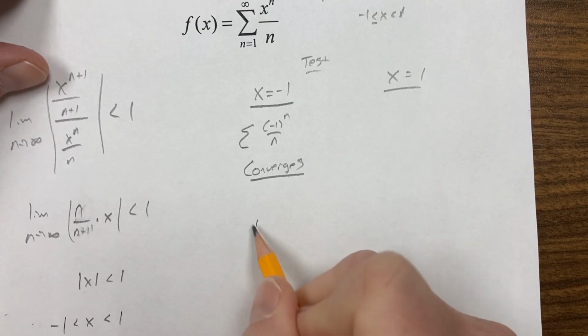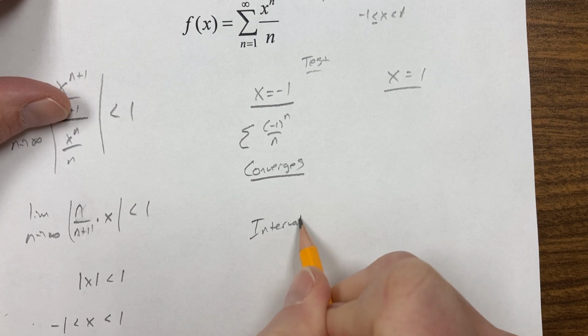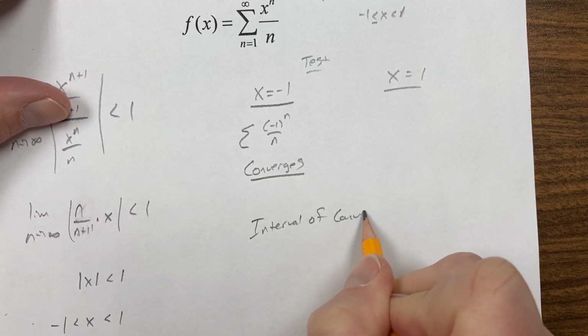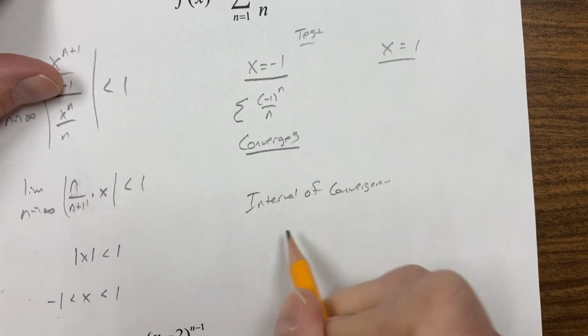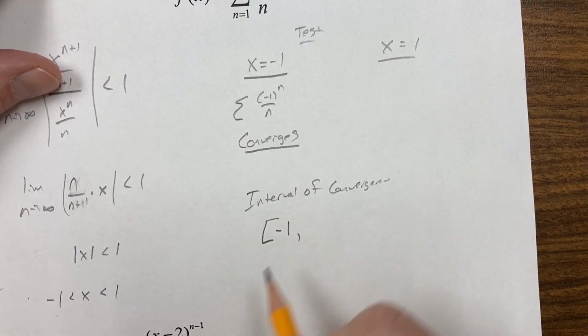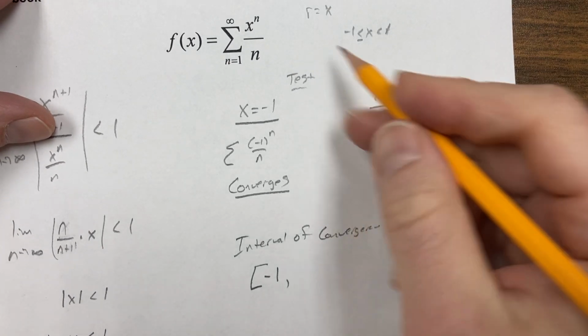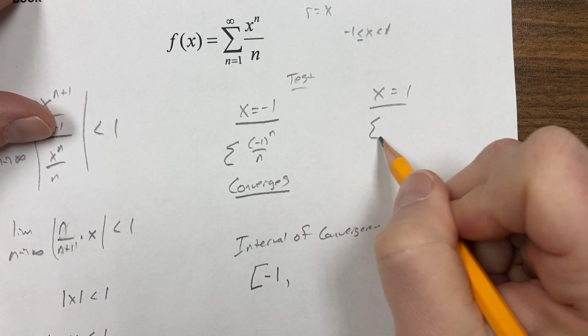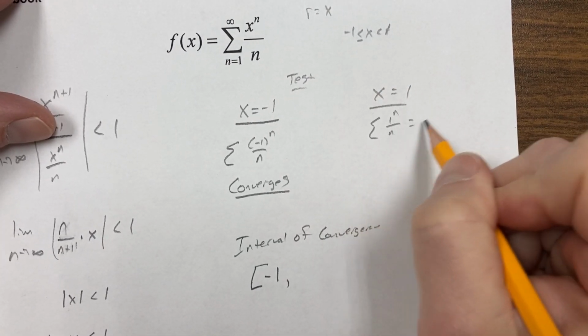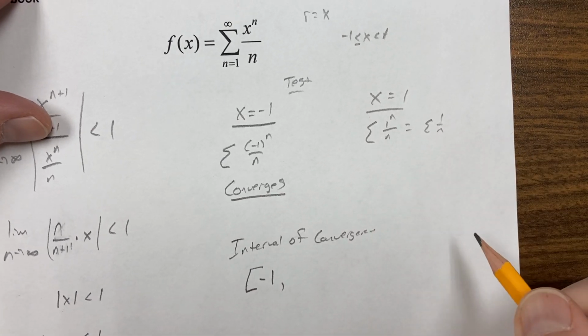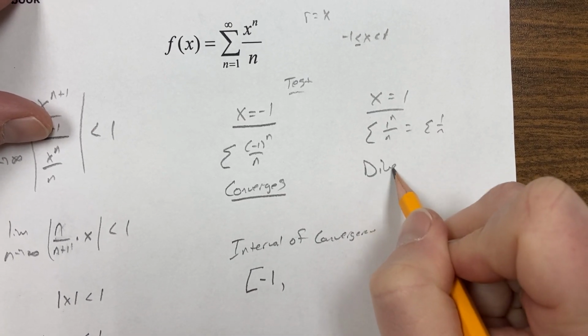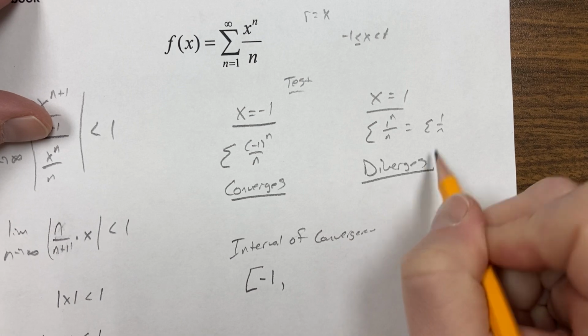And when I do my interval of convergence, I have to include -1 because it technically worked. But if I put 1 in, I'm going to get 1 to the n over n, which is just the harmonic series. That's going to diverge. So I don't include 1.